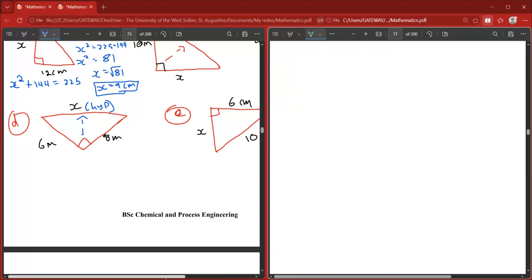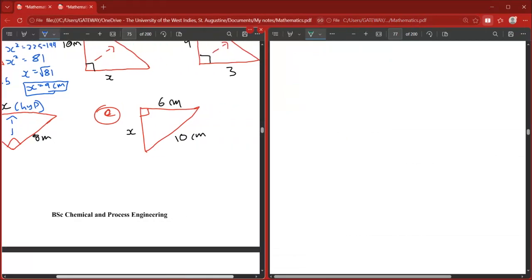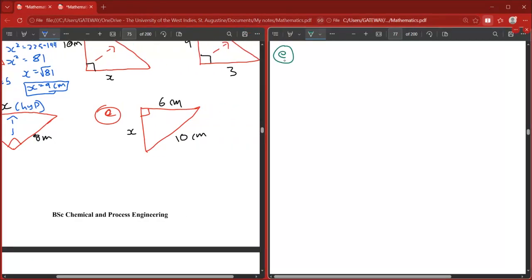we have, well, the last part, part E here. The side opposite 90 degrees will be the hypotenuse, in this case 10. So we're going to have 10 squared is equal to 6 squared plus x squared. So 100 is equal to 36 plus x squared.